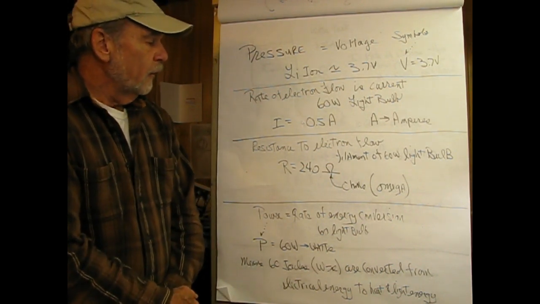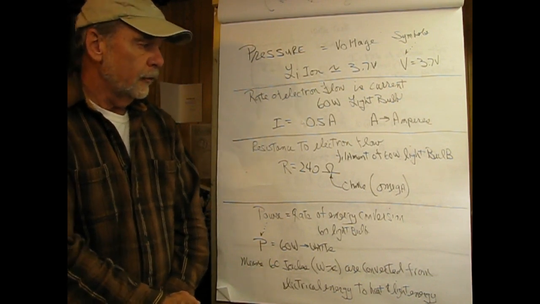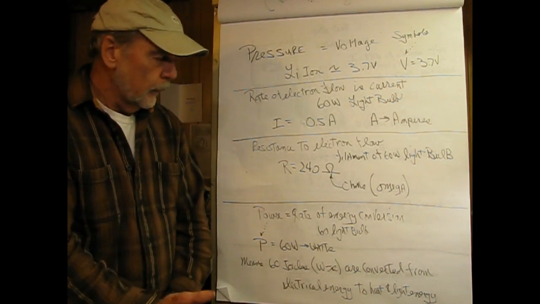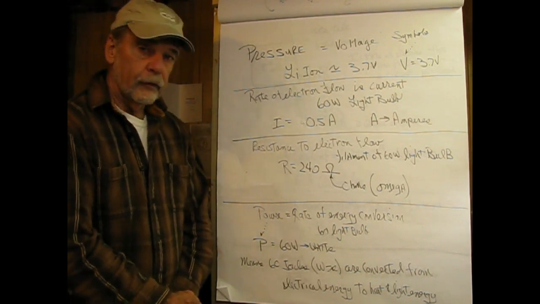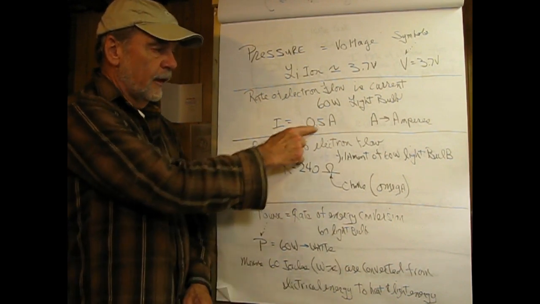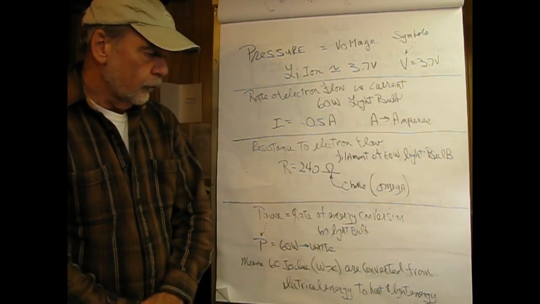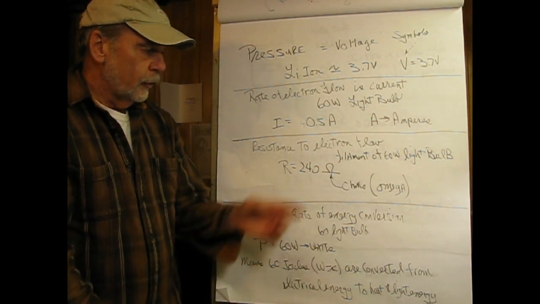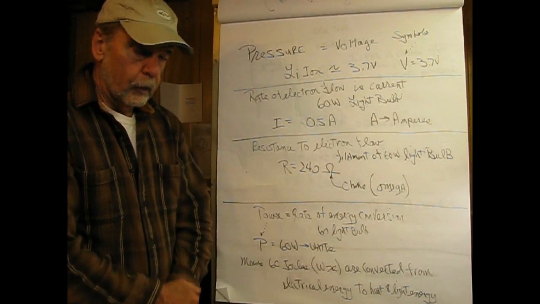So we also have the rate of electron flow, which is called current, and a 60-watt light bulb, and this would be an incandescent light, not an LED or a CFL, I would be equal to approximately 0.5 amperes, and A is the symbol for amperes. Whenever you're dealing with a decimal point, it's always good to put a leading zero.